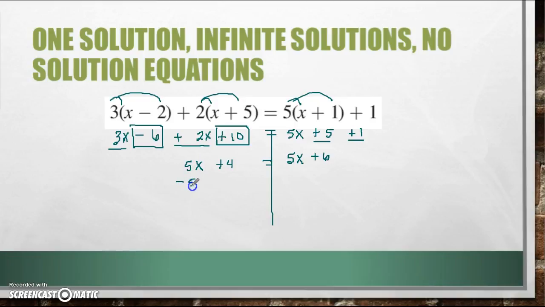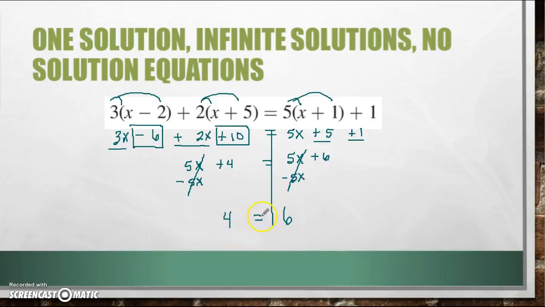So if I subtract 5x here, I would have to subtract 5x on this side to keep it balanced. And you'll notice 5x minus 5x cancels off. I'm left with 4. On the right, 5x minus 5x, those cancel off because it equals 0, and I'm left with 6. 4 equals 6 is what I got to.